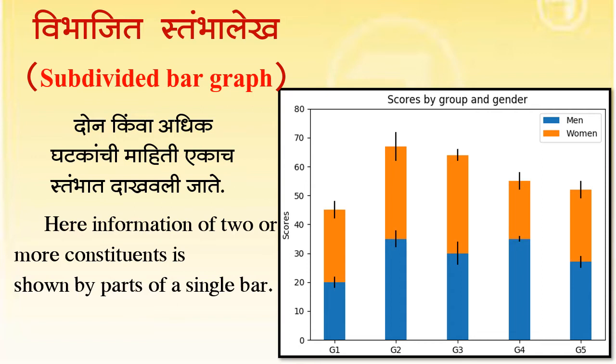And this single bar is divided by different colors, right? Now in this graph, the information, that is scores of men, is shown by blue color, whereas the scores of women is shown by yellow color, right? So the single bar is there, but it is shown in parts with the help of colors.